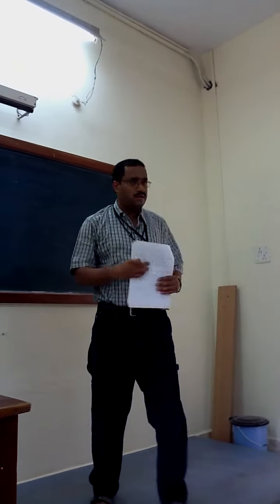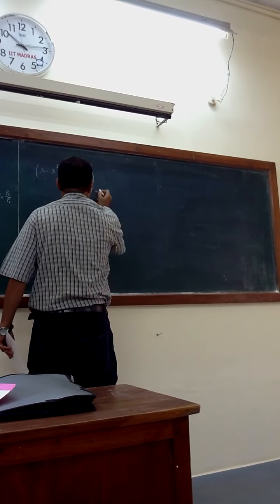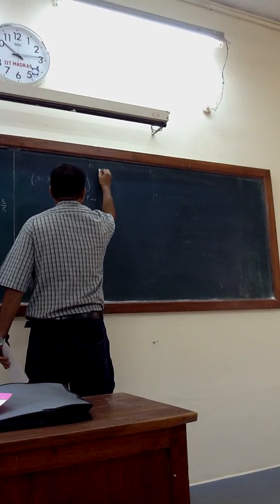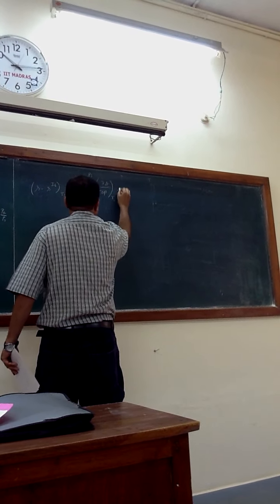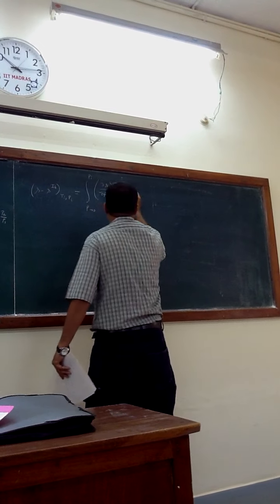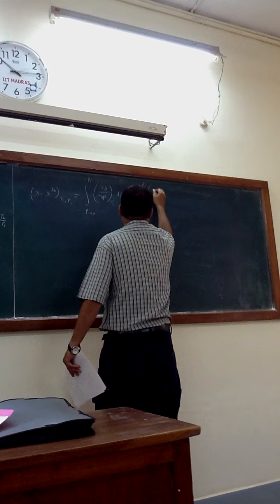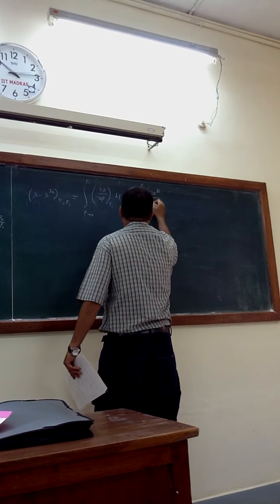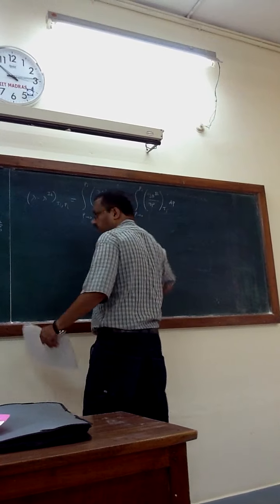Integral, P tending to 0 to Pi, ∂S/∂P at Ti dP, minus the integral from P tending to 0 to Pi of ∂S^ig/∂P at Ti dP. Very simple.